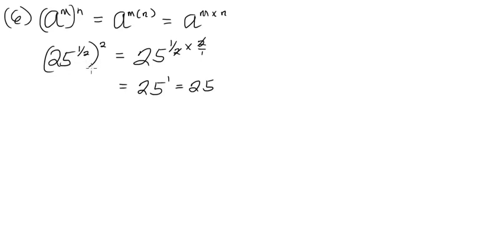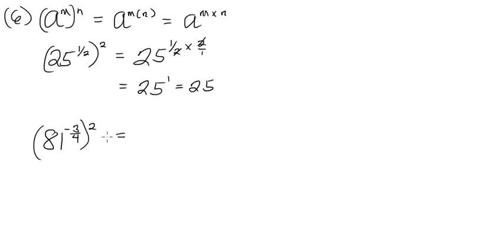Okay. Let's pick another one whereby we combine virtually everything we've done so far. Here we want to look at 81 raised to the power of minus 3 over 4, all raised by 2.